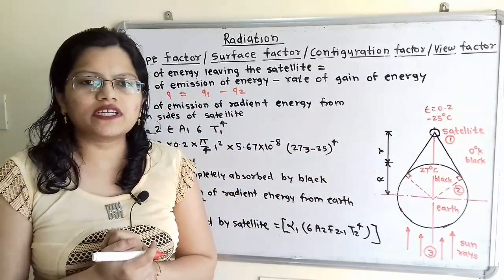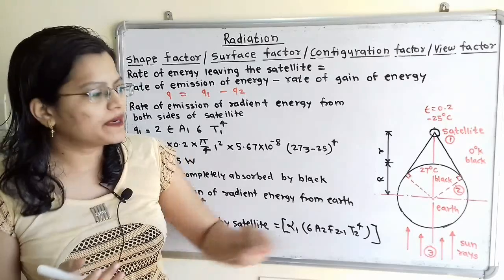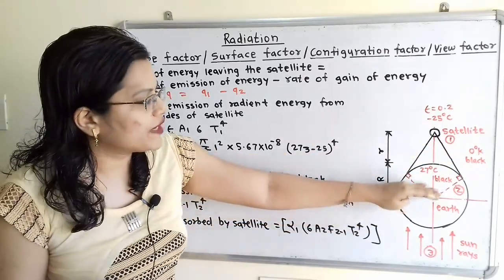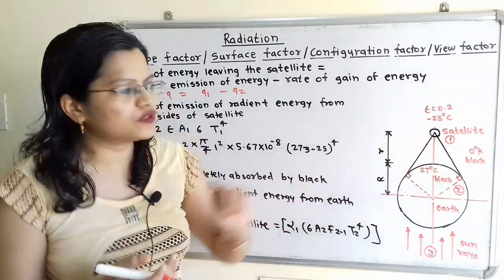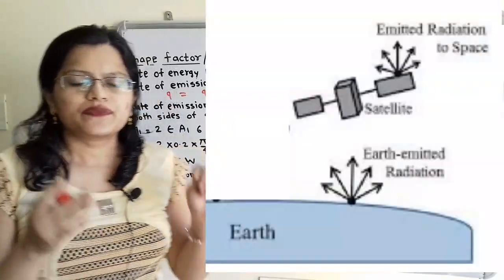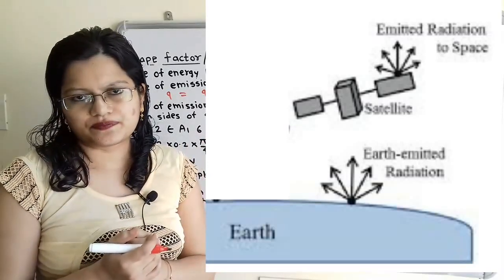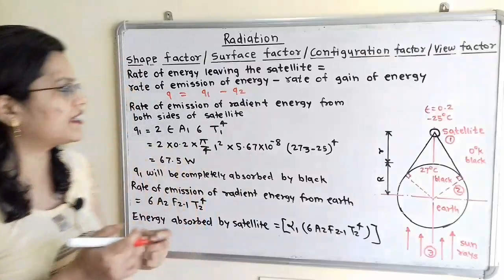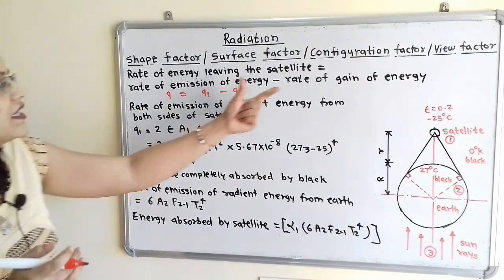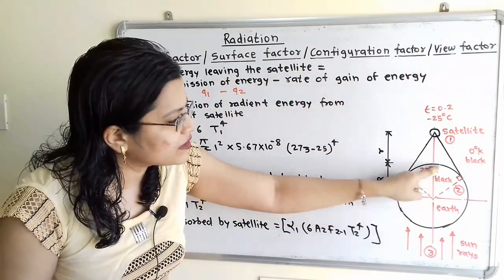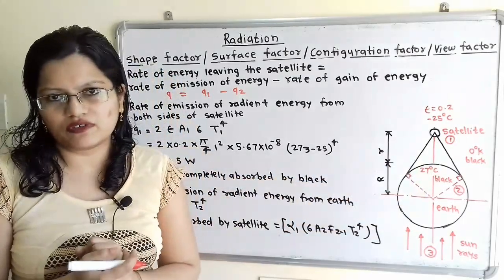It is also radiant energy emitted by the Earth, and it moves from the surface of the Earth to the satellite. So how do we calculate the rate of gain of energy? That means we have to calculate the rate of emission of energy from the Earth's surface.